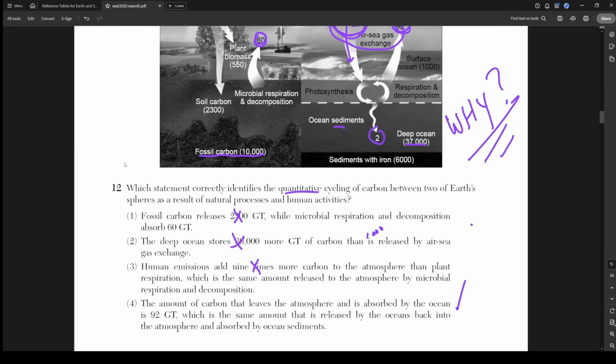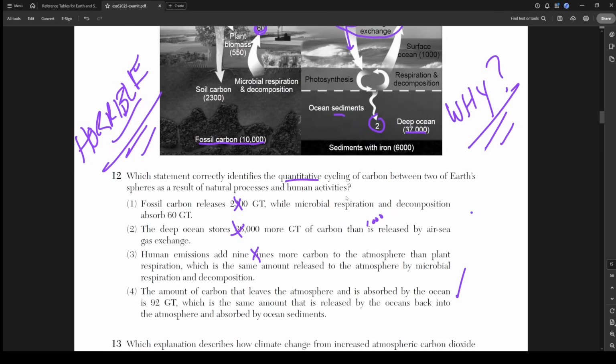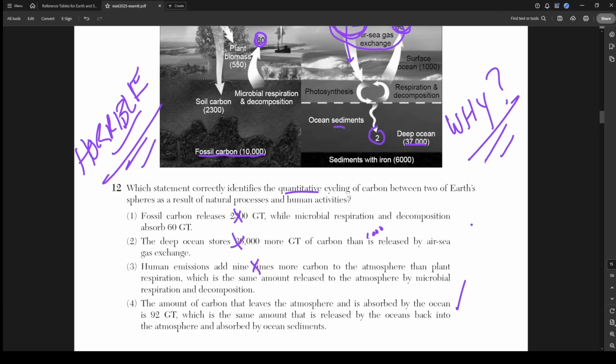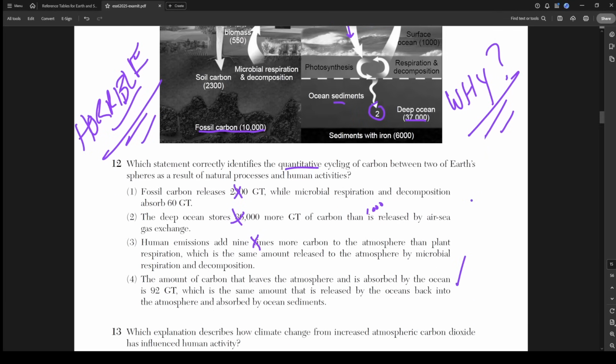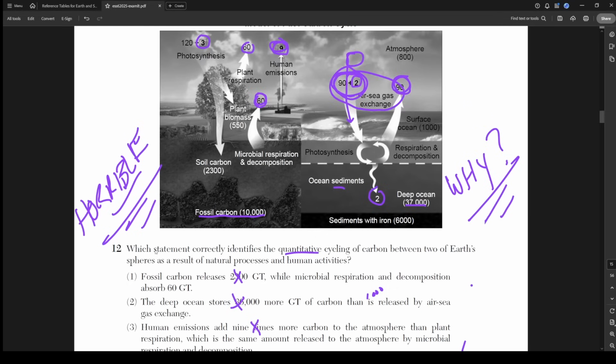I'm like, this is the worst question we've seen so far. Horrible. What are they testing on? You know what I mean? Like, what were they going for here?